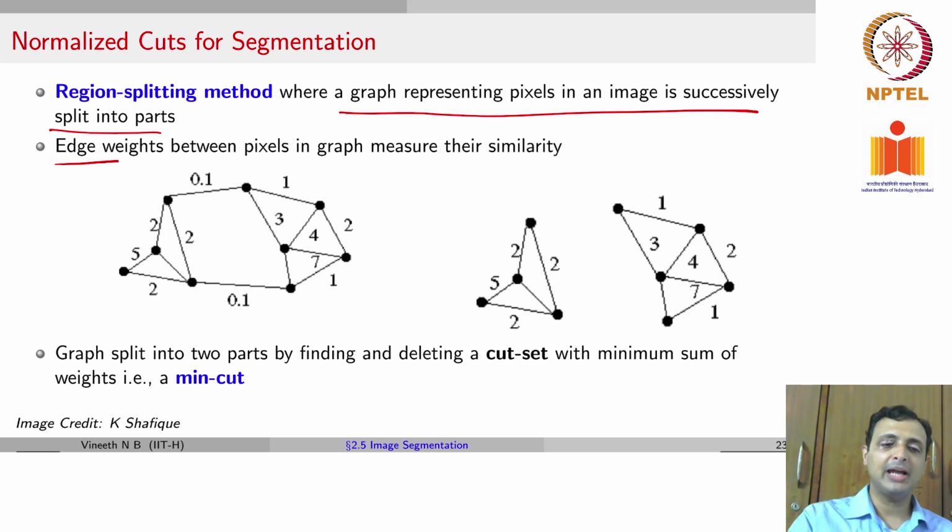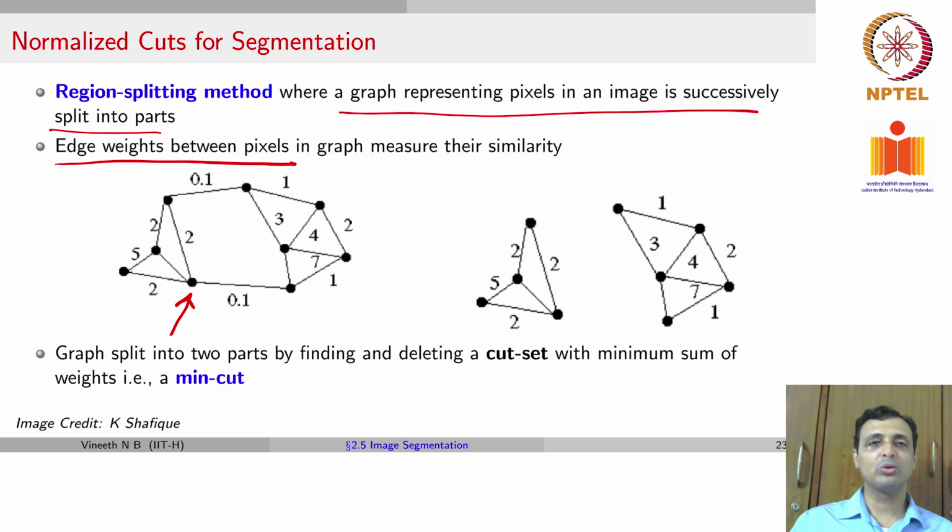You mark edge weights between pixels based on their similarity. So if two pixels are very similar, maybe they have similar intensities, you give them a high edge weight. And if two pixels are further apart in their similarity, you give them low weight. So here is an example of such a graph that's constructed. The goal would be to find the min cut.